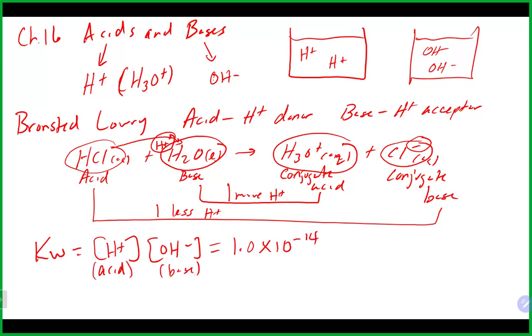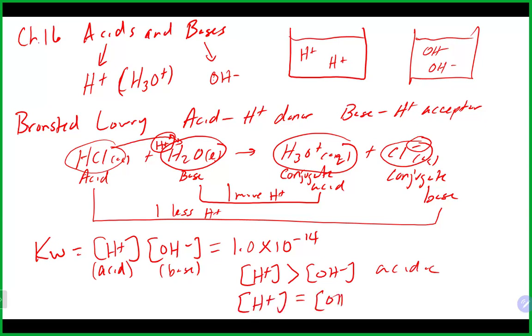So we could compare the two concentrations, and if the acid part is larger than the base part, then it will be acidic. If the acid part and the base part are equal to each other, then it will be neutral. And lastly, if the acid part is less than the base part, or the base part is larger, it will be basic.